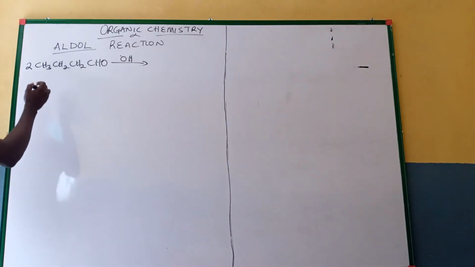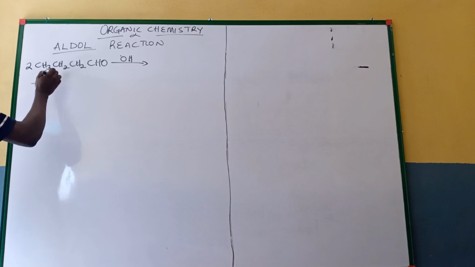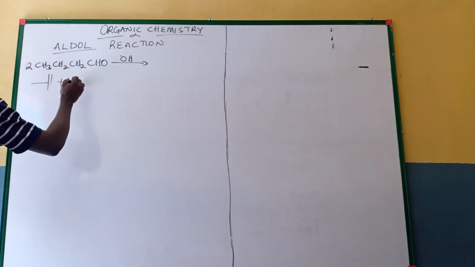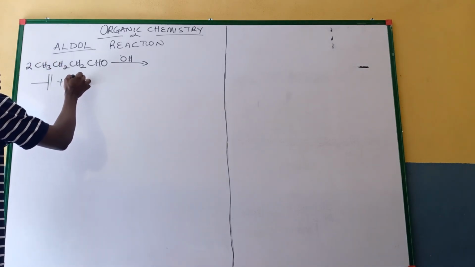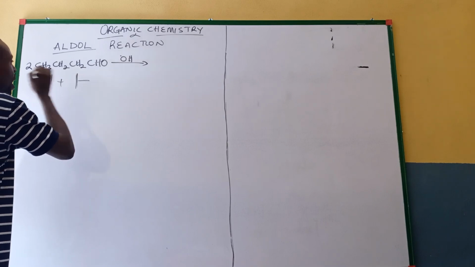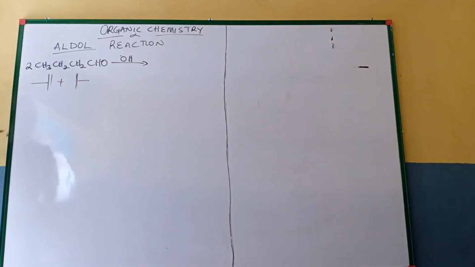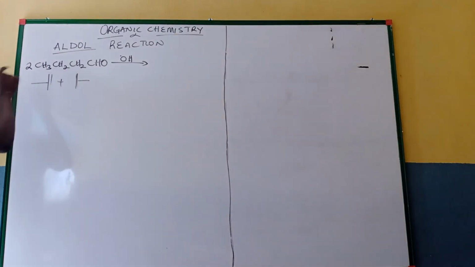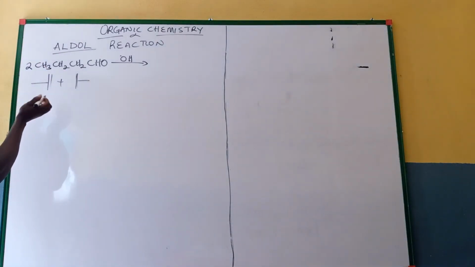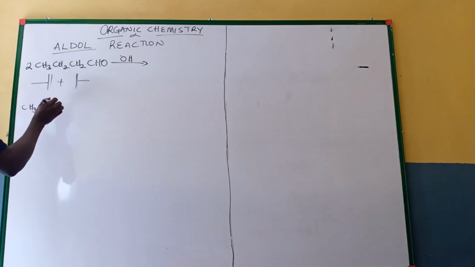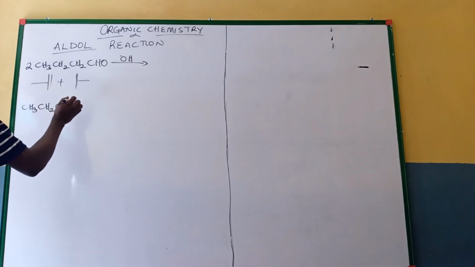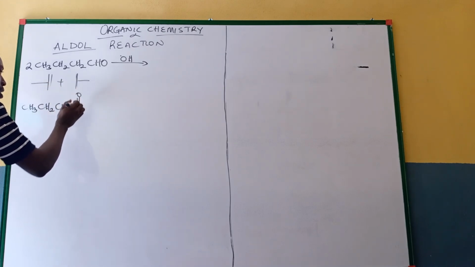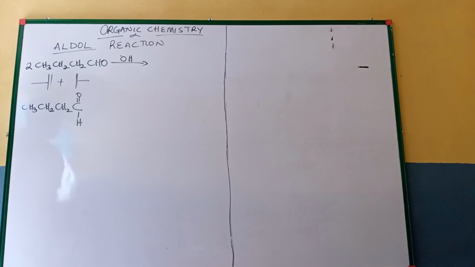Remember I told you that the pattern is just like this. Please take note: alpha, alpha, alpha. So we move straight down to here, becoming like this. This is the first pattern: CH3, CH2, CH2.